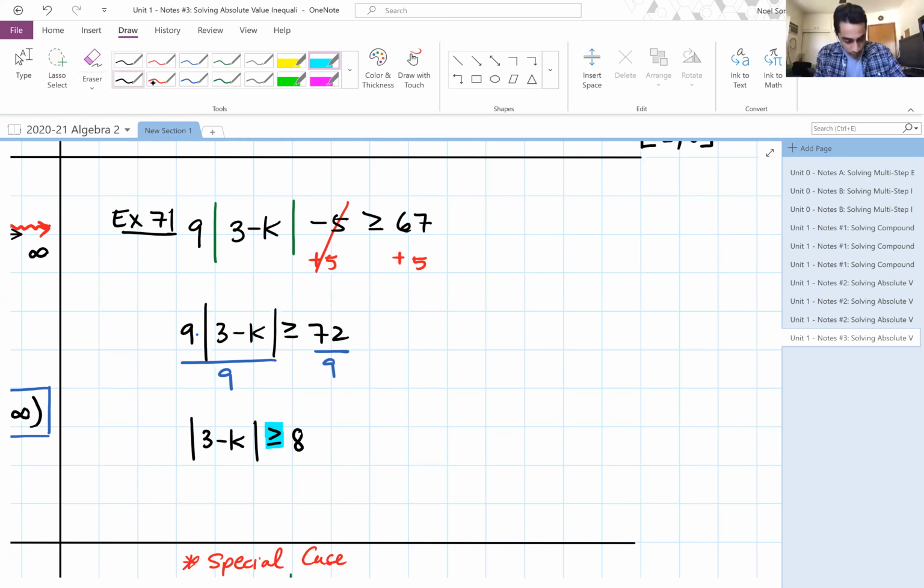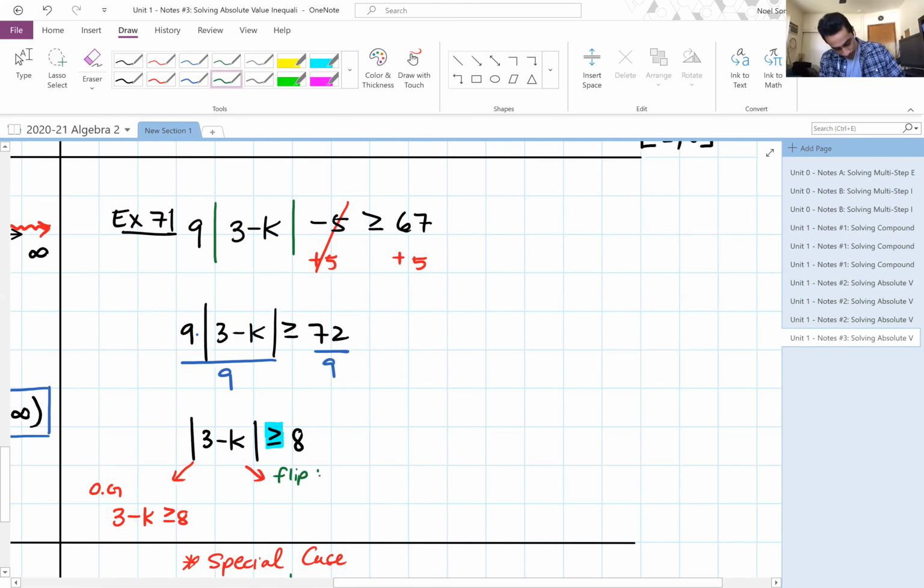All right, so let's split this up. We know we have the original, which is just going to stay as 3 minus k greater than or equal to 8. And then you're going to have flip switch. That'll be your second one. So then you're going to have 3 minus k, but this time it's going to be less than or equal to negative 8.